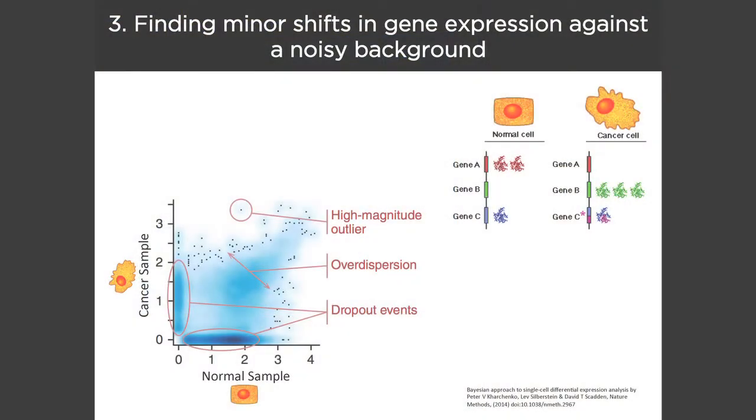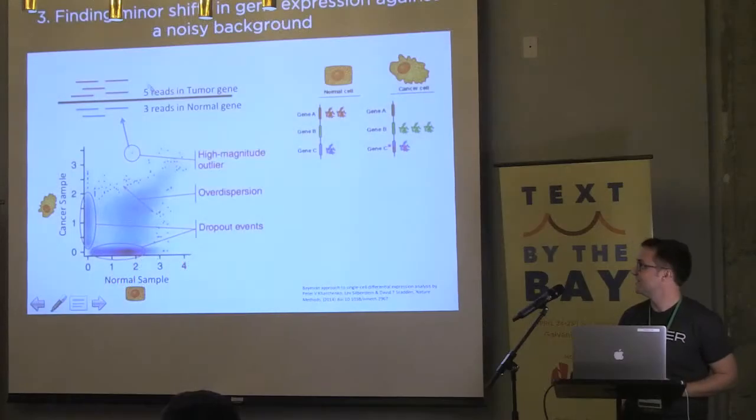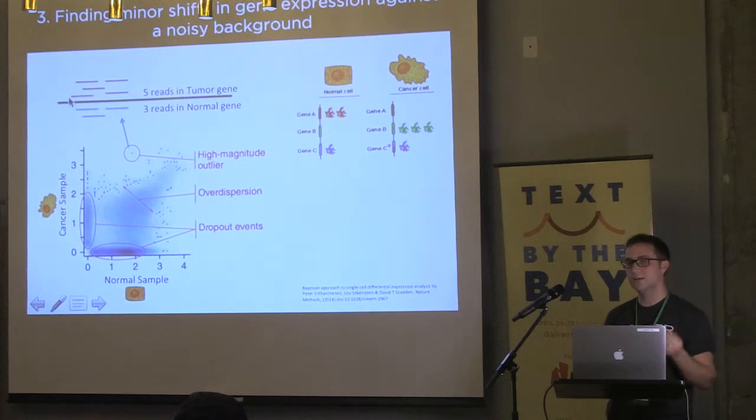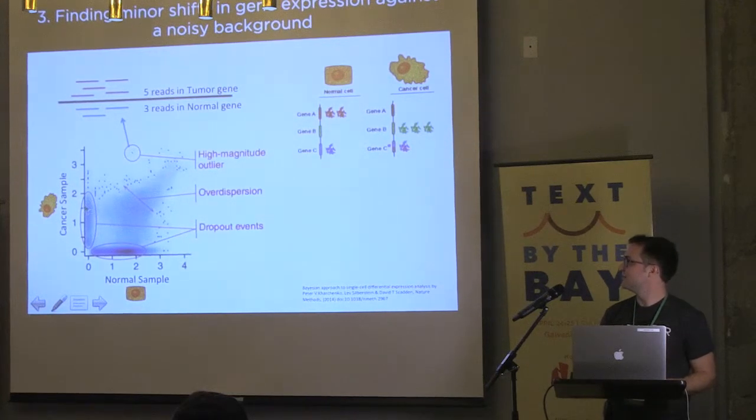And finally, RNA. This one's tricky. So instead of now showing you an alignment to a specific genome segment, what I'm showing you is an alignment to a specific gene. So you would count how many reads of the RNA are matching up with a certain gene in the tumor versus the normal. And you can plot this out, sort of an XY plot of normal versus the cancer sample.